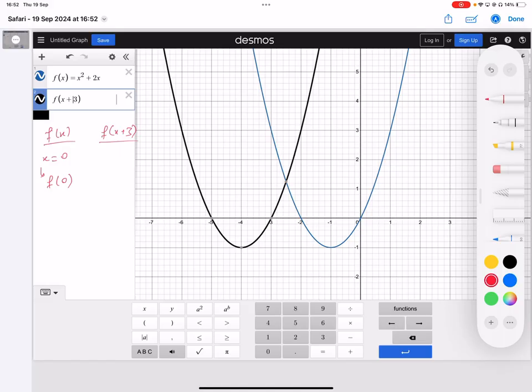How do you get the same value f of 0 from the second function? What value of x is going to give us f of 0? We would have to input x equal to minus 3 here. That means the value of y that we were earlier getting at 0, now we are getting that same value at minus 3.